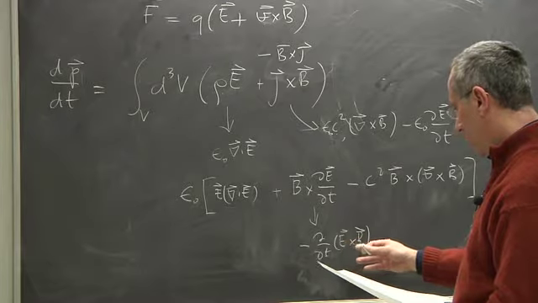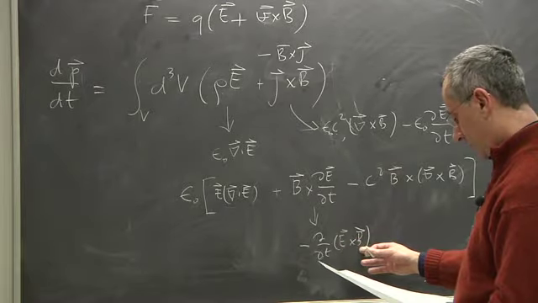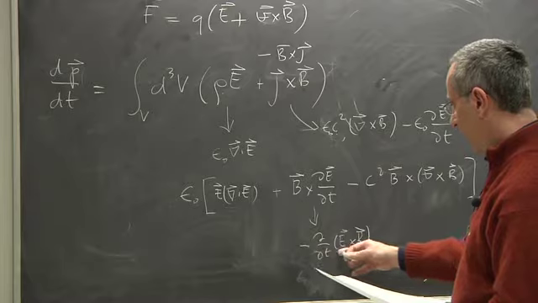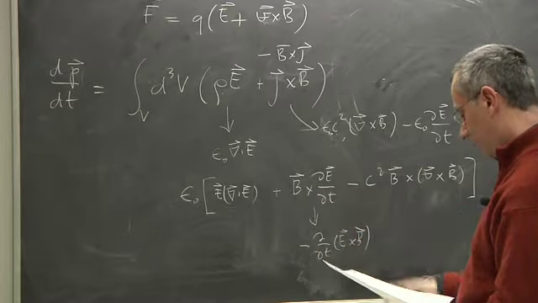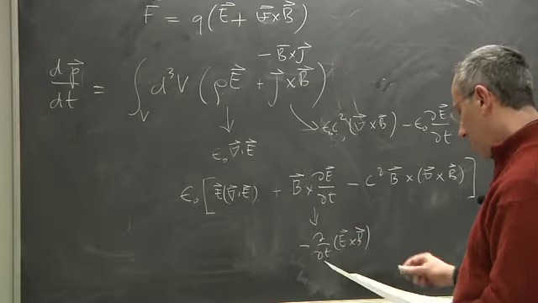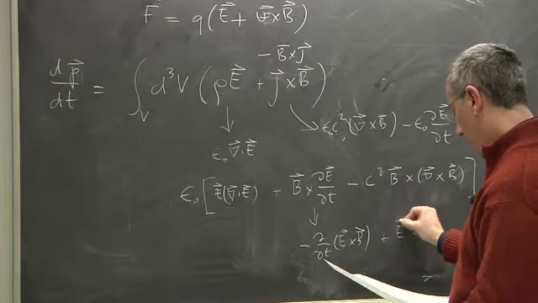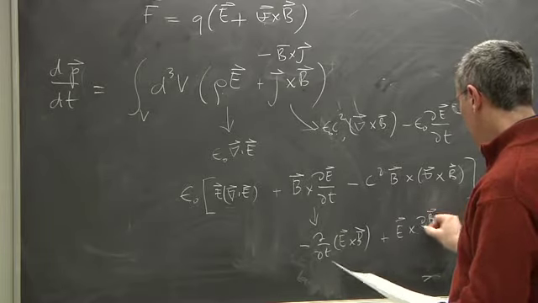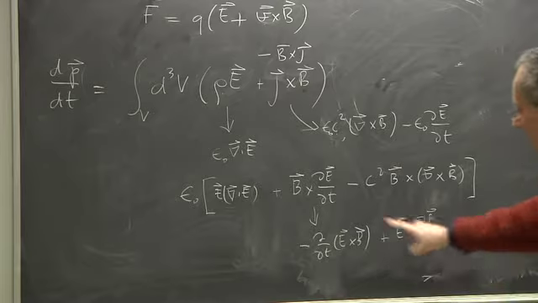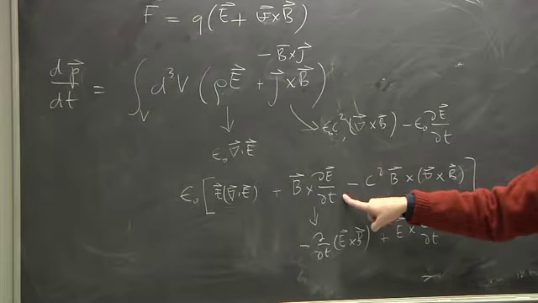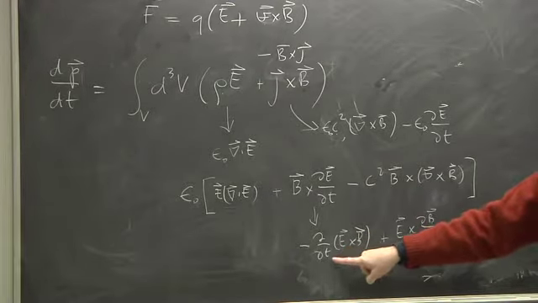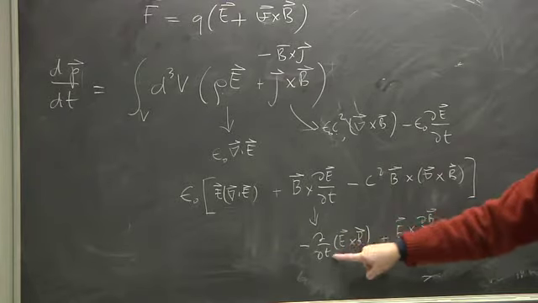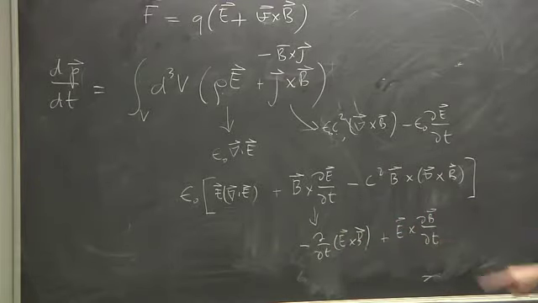So I write this E cross B. This is equal to this, but there is a term that is not there, so I have to add it. That is E cross dB/dt, right? This sum is equal to this. Do you see that? Because you start inside. First it acts on E, it gives you this. Then it acts on B, and it gives you the other term.